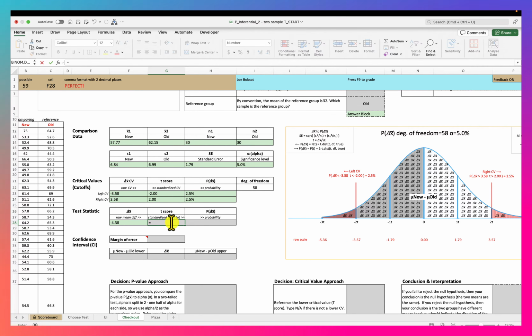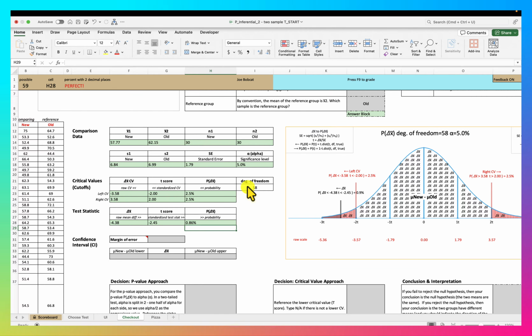T-score is equal to that difference divided by the standard error. So that places it, and then the probability is t dot dist, t-score, degrees of freedom, and true. So very low probability, an extreme t-score, reject the null.